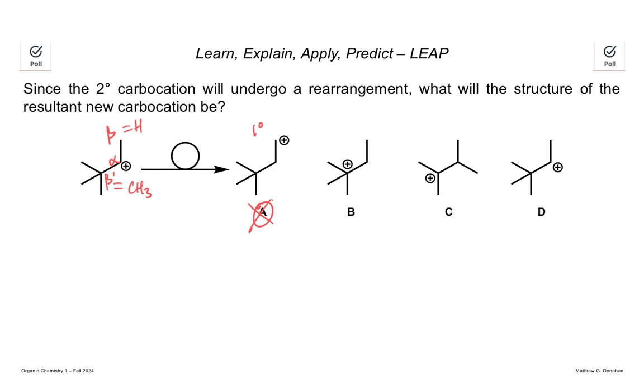So if you look at the beta prime, you only have methyl groups. So this would be a 1-2 methyl shift. And then you would end up with what? So you'd have to end up with C. B violates the Lewis octet, and D is what we're starting with.